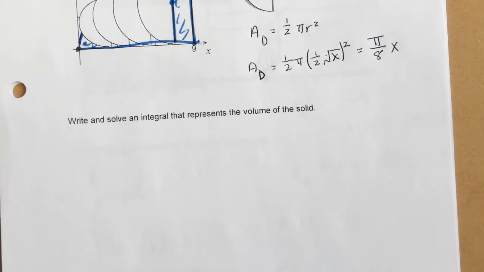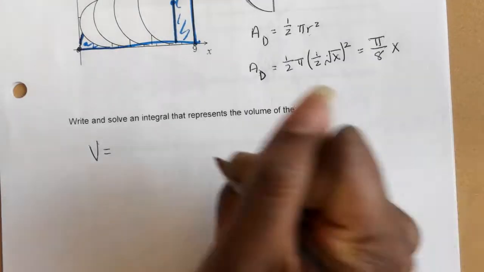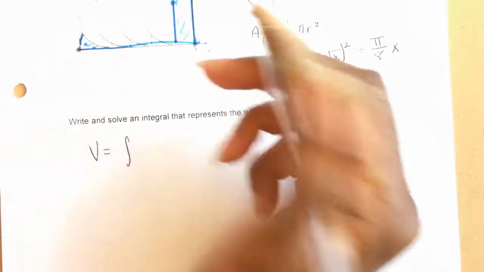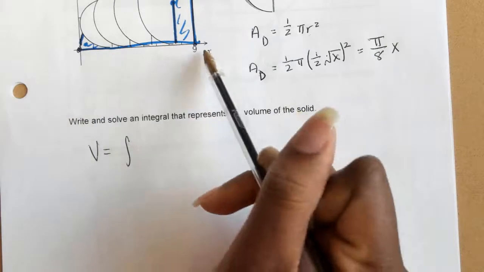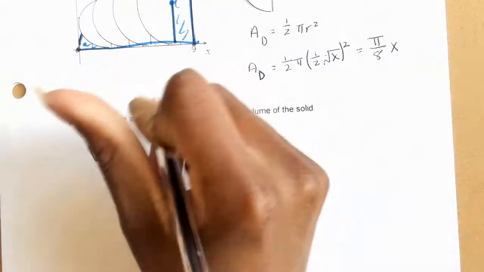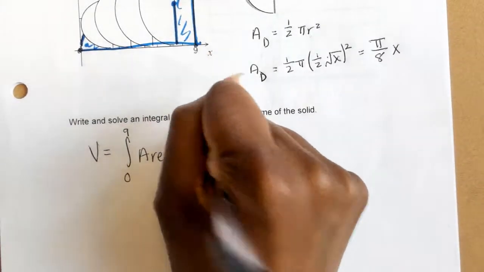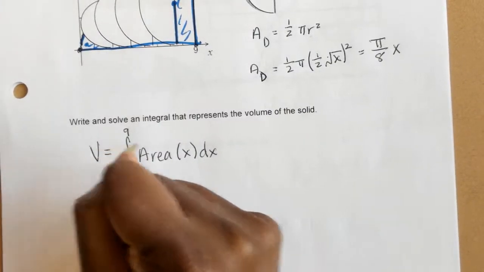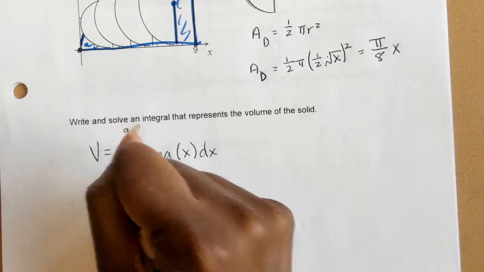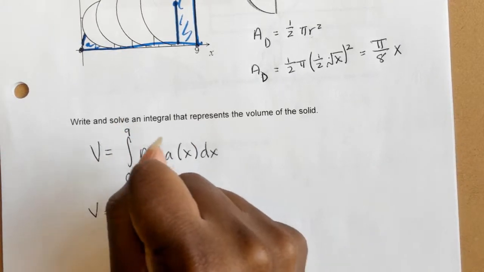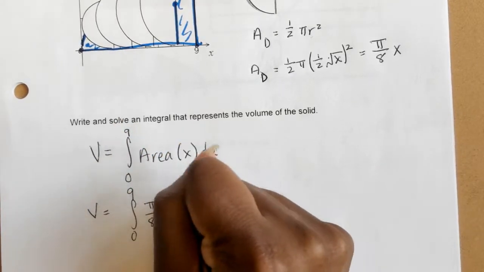And now, again, to find the volume, our limits of integration, since we're in terms of x, go from 0 to 9. And we're going to use the area that we found above. So V is equal to the integral from 0 to 9 of pi over 8 x dx.